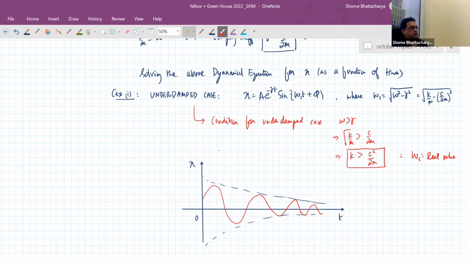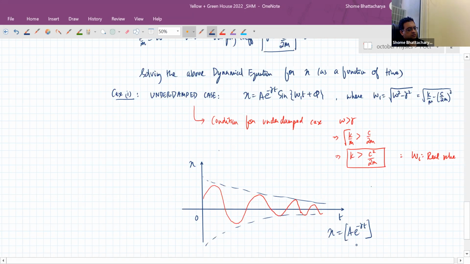You can see that the equation that we got in this is like a diminishing amplitude.